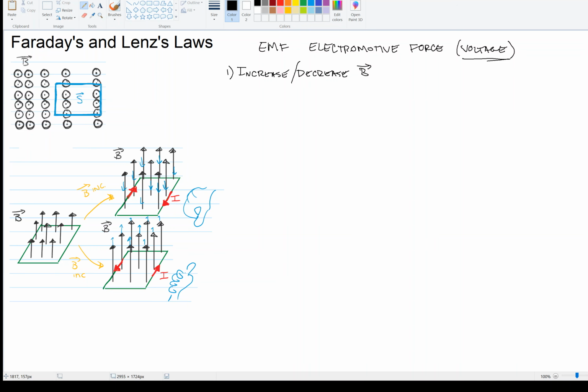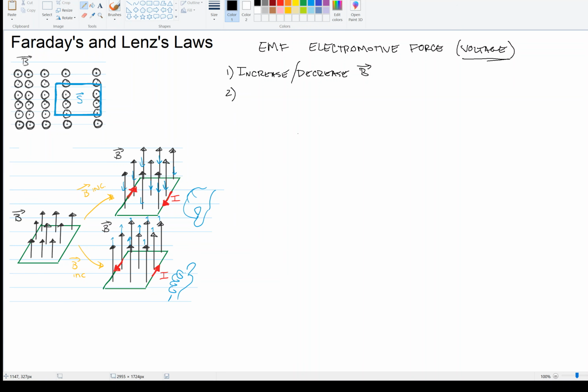Maybe we had some sort of control of the magnetic field, a dial, so we can crank it up or decrease it and vary it with time. That's a change in magnetic flux through loop S, and that will, believe it or not, induce a voltage in that loop, which will produce a current. This is just what Faraday saw experimentally.